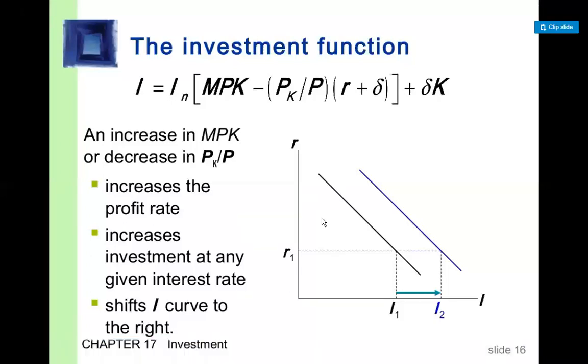Getting the point? So these are the two factors which were assumed constant in the cost function. इनको हमने assume किया था कि इस function में marginal product of capital and relative prices are constant. Okay.